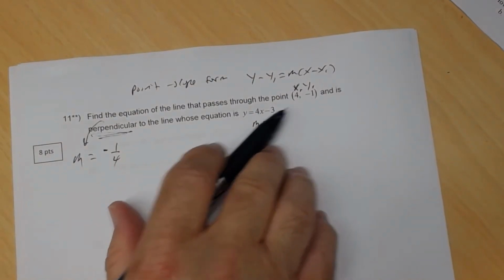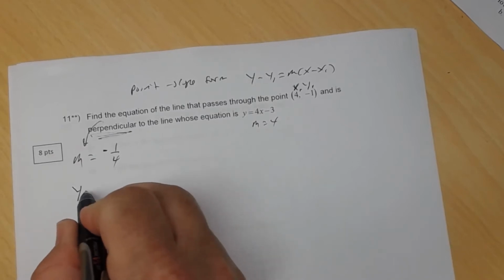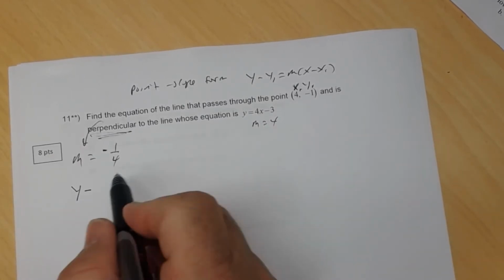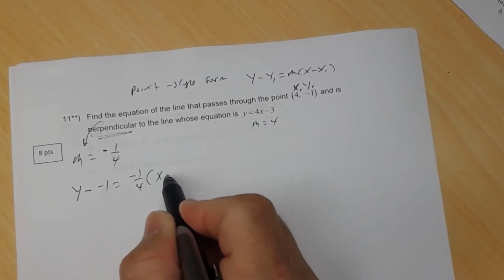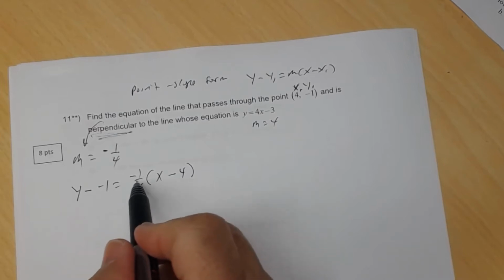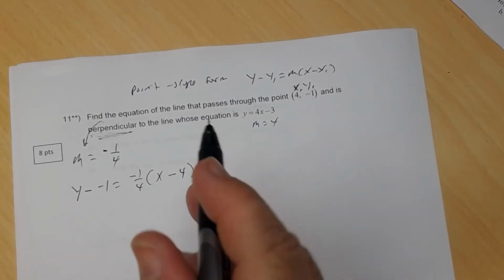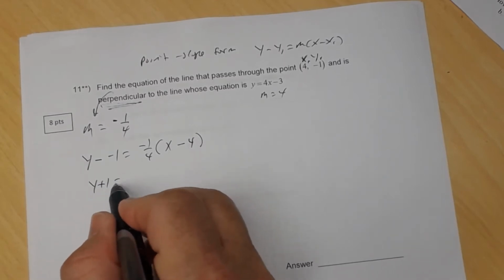So now I know the point and I know the slope, so I can put it back into point slope form. y minus y1, which is negative 1, equals the slope, which is negative 1/4, times x minus 4. y minus a negative 1 is y plus 1.